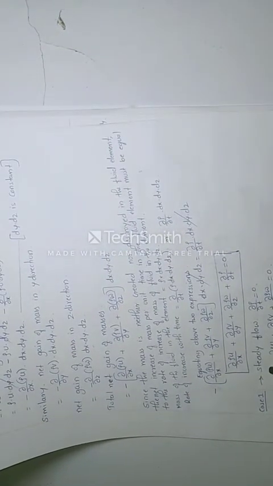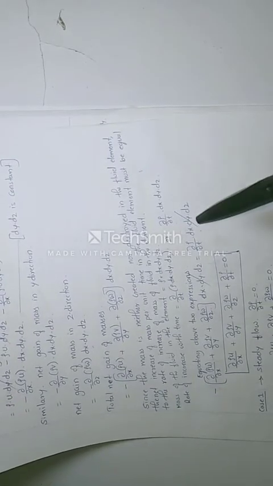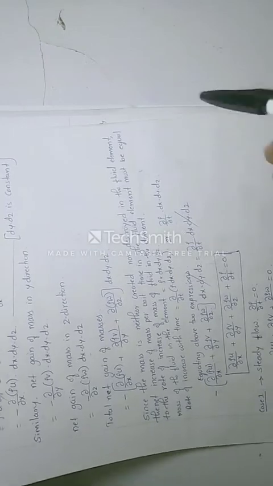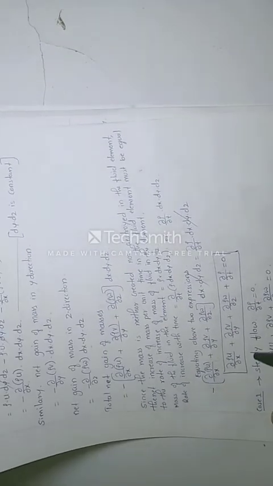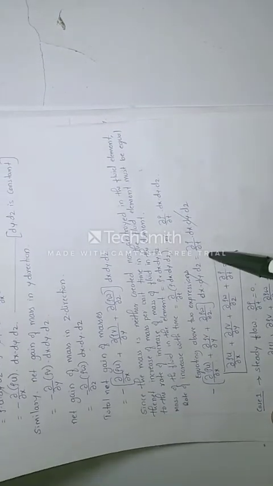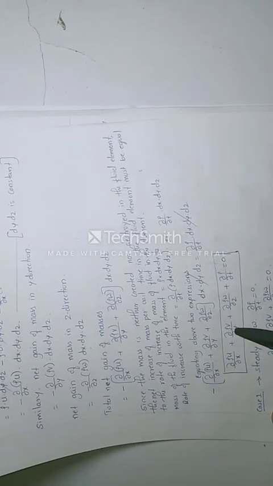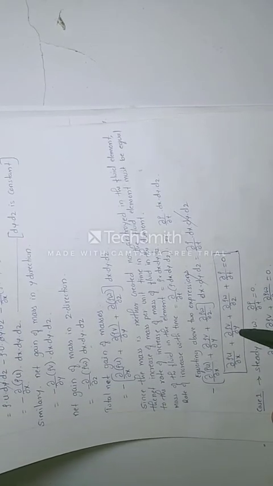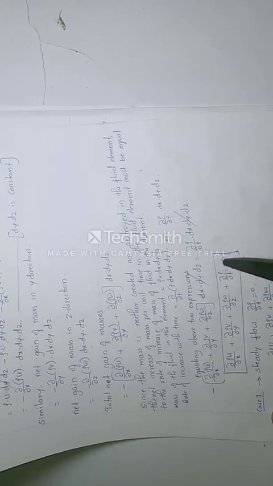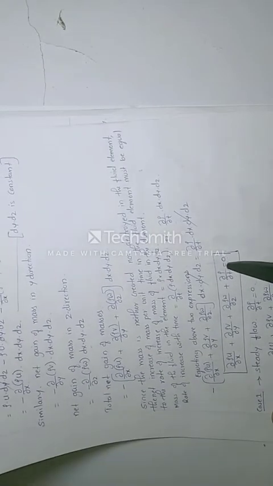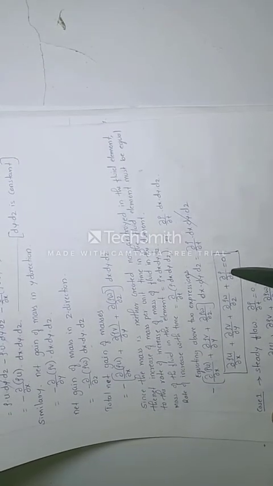If you consider steady flow, steady means that with respect to time the property is constant. If you look at the expression, the first three terms are with respect to space, whereas the fourth term, if you look at the denominator, is with respect to time.